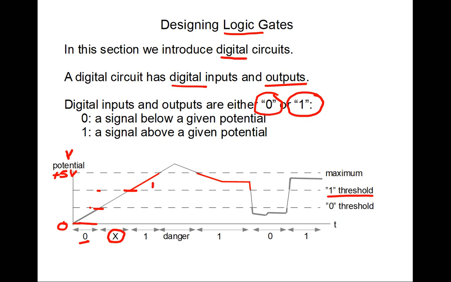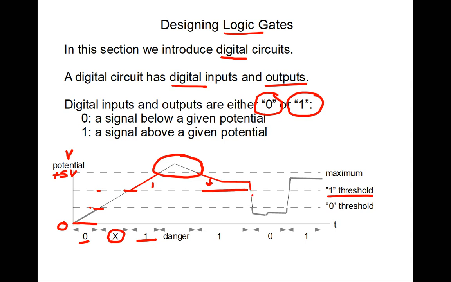So this is a 1, indicated by this area here. Once it exceeds the maximum potential, you get into the danger land, where you can actually damage the circuit. So we continue our progression, even though the potential is dropping in this region. During this entire region, it is still interpreted as a 1.